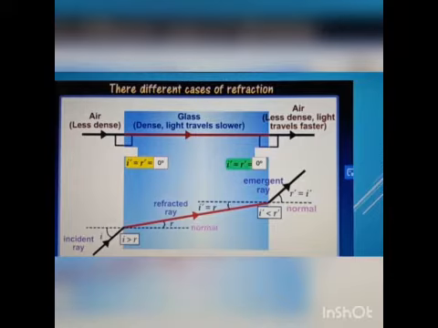So you can see the angle I here is R for this light ray. So what happened from glass to air? Speed increases again, so the emergent ray, you can see that comes out here, will be refracted away from normal. Okay, so this is the different cases of refraction.